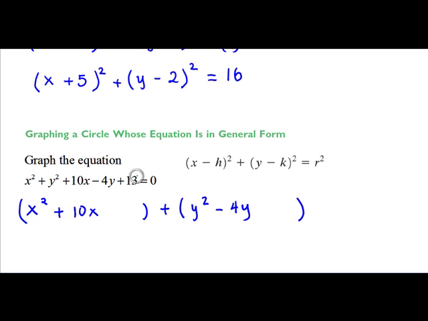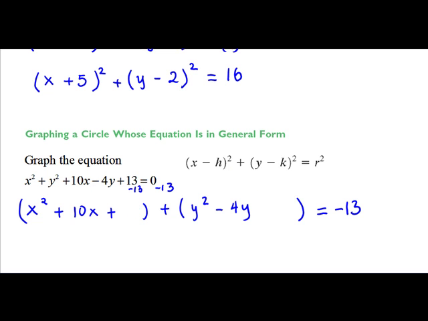You see the 13? The 13 has no x and y, so we subtract 13 from both sides. So we got a minus 13 here. Now to complete the square, we need the extra term here, so I'm going to put a box right there.